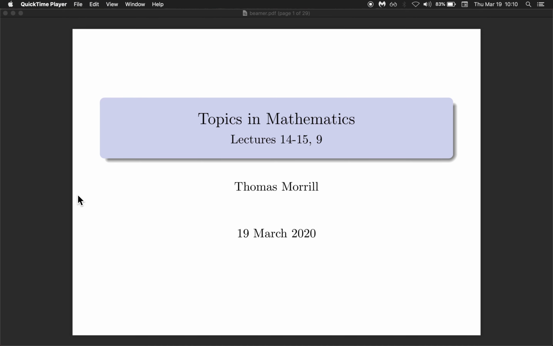Today's lecture is based on lectures 14 and 15 in the total notes, which cover cipher systems and RSA encryption in particular. And then we'll be getting into material from lecture 9, which is the Chinese remainder problem. That's a lecture we haven't spoken about yet, but it will be important for RSA.